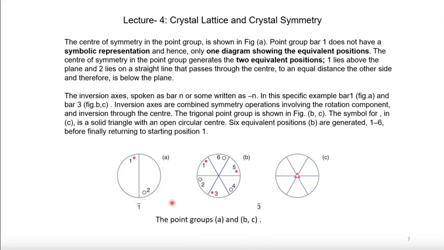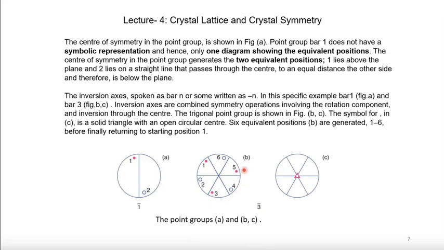Bar 1 has no separate stereographic projection sign, so we do not have 2 figures for bar 1. We have only 1 figure for bar 1, because that is the stereographic projection as well as the equivalent position, shown in this circle. So mind it, for bar 1, we do not have any stereographic projection like the others.